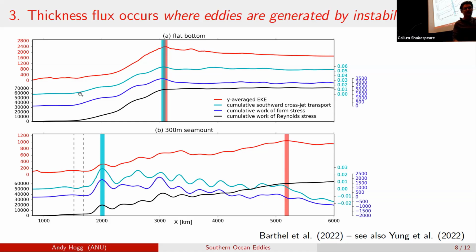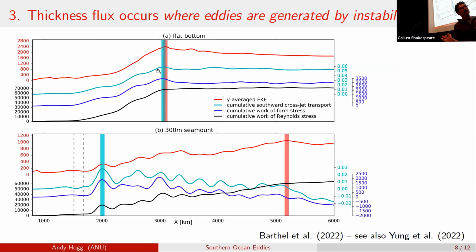So what this is saying is that as the eddies are growing, so when this cyan line has a slope, that's where the southward transport is, okay? So as these eddies are growing, that's where you have the southward transport. In other words, you don't get the maximum southward transport where the eddies are strongest, you get the maximum southward transport where the eddies are growing.